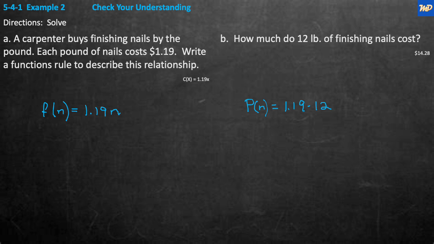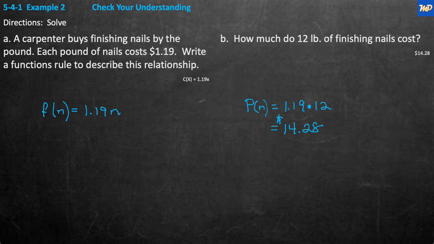And 1.19 times 12, if you use your calculator, or just do the multiplication, is equal to 14.28, and it's dollars.